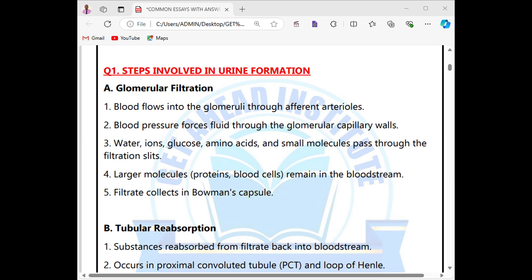So now the first step is glomerular filtration. Basically, this glomerular filtration is also referred to as ultrafiltration. So please, the content in this file has been written in point form, but make sure in your assessment or in your exam, when writing the essay part, you write in paragraphs.